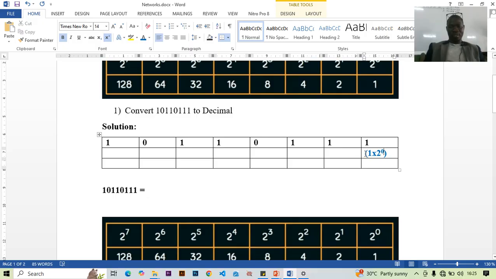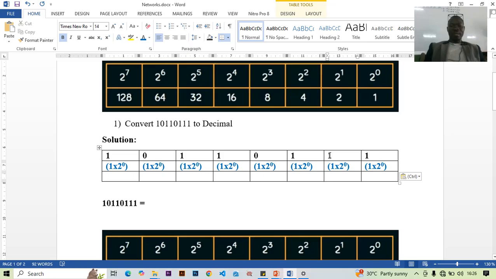Now maybe I can just copy this, so that we don't struggle writing it everywhere. This value we've copied was for this particular place value where this 1 is. This is 1 times 2 to the power 0. However, for this one here, it is 1 times 2 to the power 1, because the place value for this is 1.